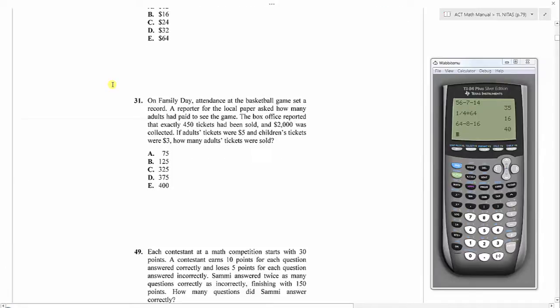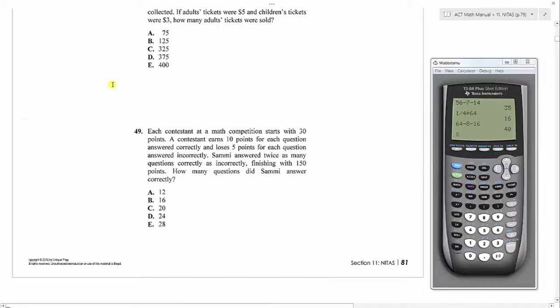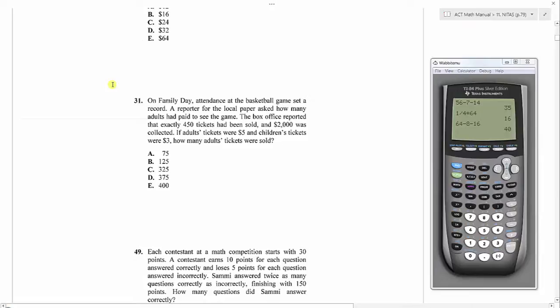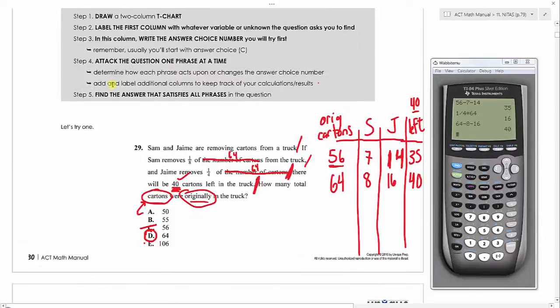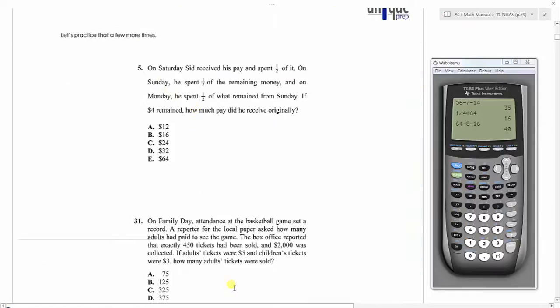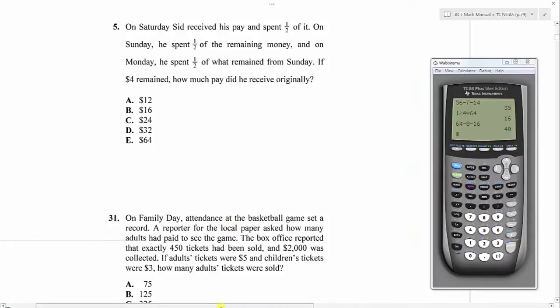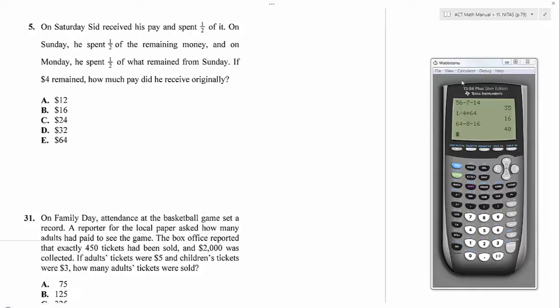As you do the next few questions, which if you'd like to try to do on your own before I do them here, you can always pause the video and try them on your own. As you do these questions, whether you do them on your own or with me, we are going to be making sure that we're referring back to the chart on the previous page, referring back to the box with the steps to making charts on the previous page so that we don't get stuck or give ourselves undue difficulty.